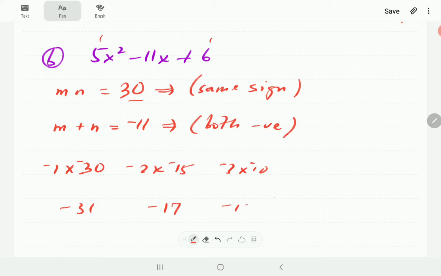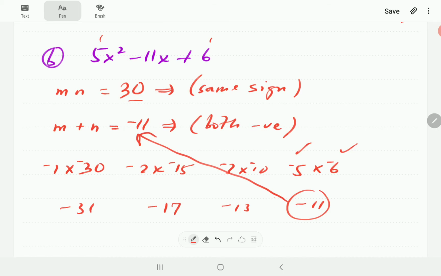When we add them, it's going to be negative 13. 4 doesn't go into 30. 5 goes with 6. When we add this, we get negative 11. So that means these are the two numbers we're looking for, because this now is matching with that number there.